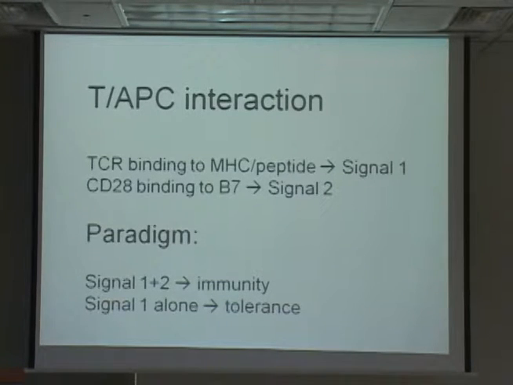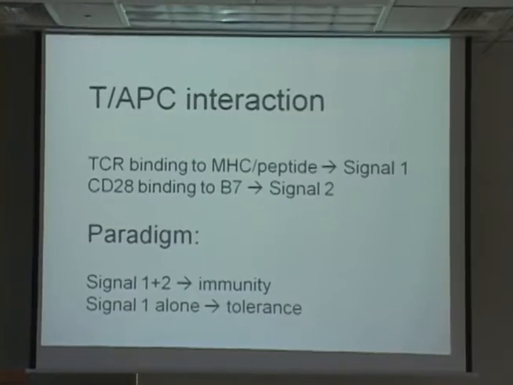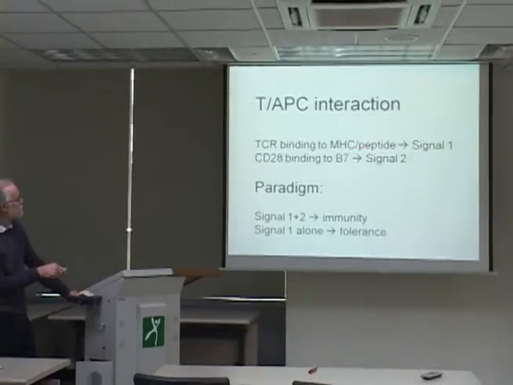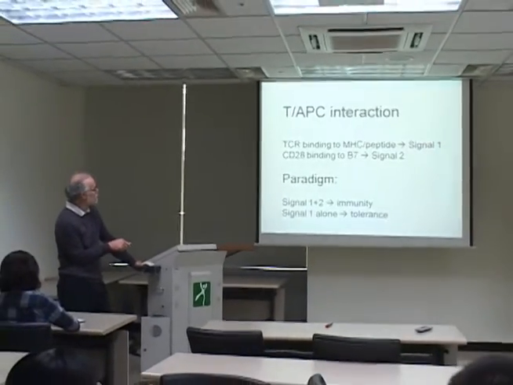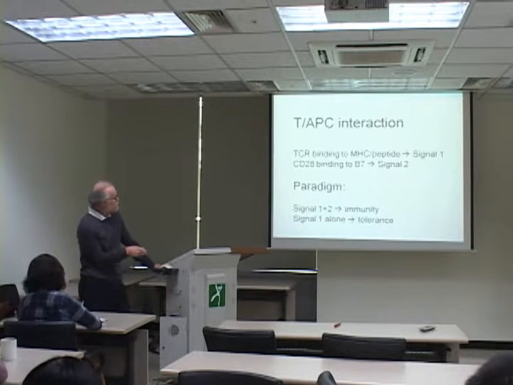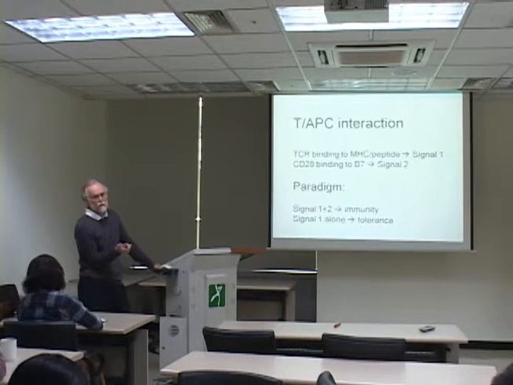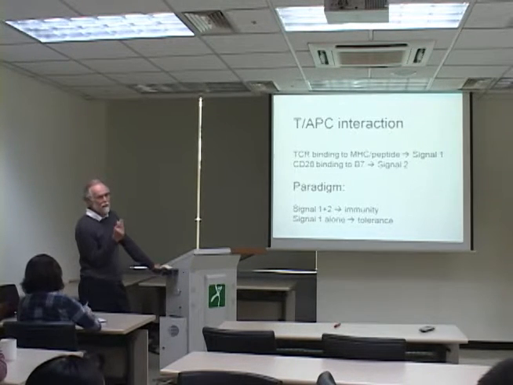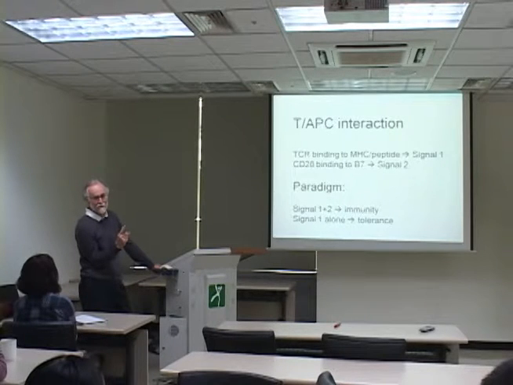Now let's think a little bit more about this so-called signal 1, signal 2 idea. As I mentioned, TCR binding to MHC peptides is thought to be signal 1, and CD28 binding to B7 is signal 2. Now, the CD28 B7 interaction has been around for at least 20 years now, but exactly what it does is still debated.